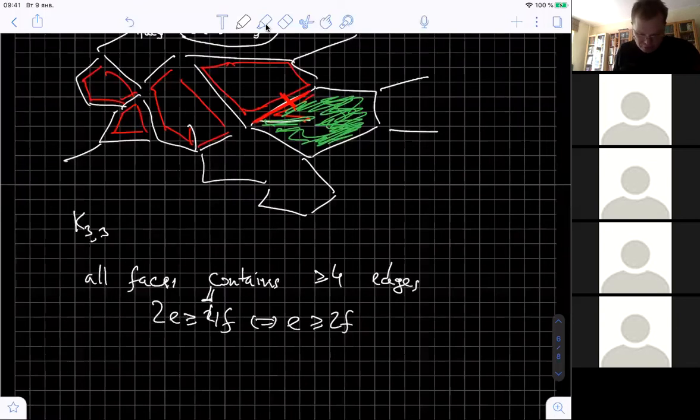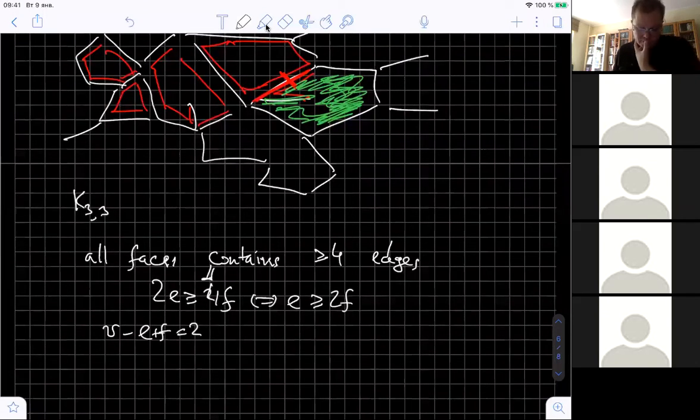And then if we use the Euler formula, f is equal to 2 minus v plus e.